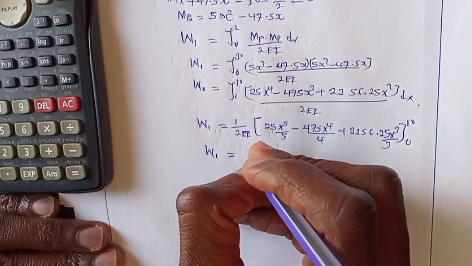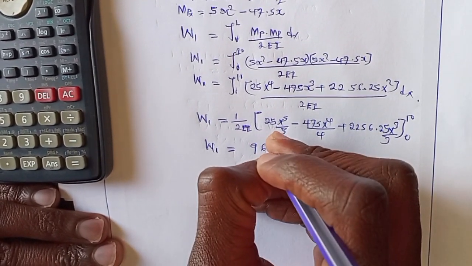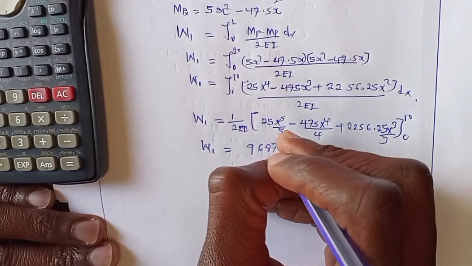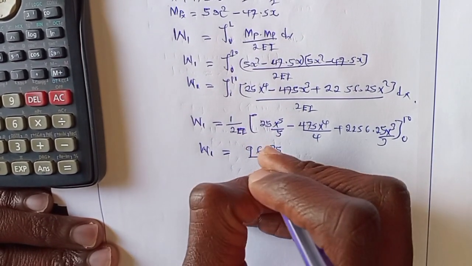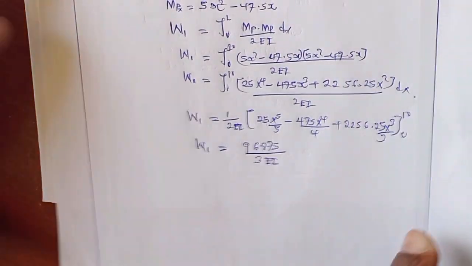So our answer will be 96875 over 3EI, as this is the internal energy for section 1.